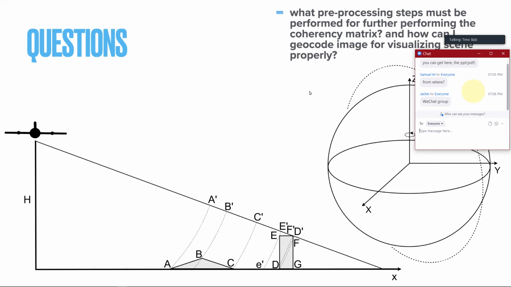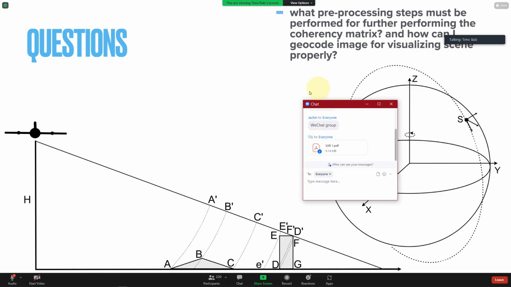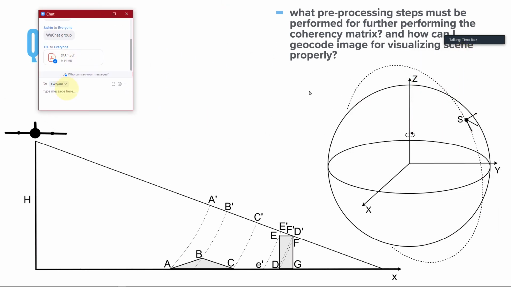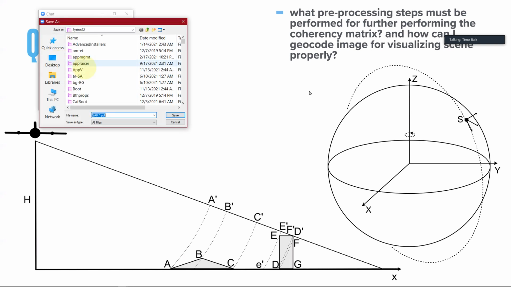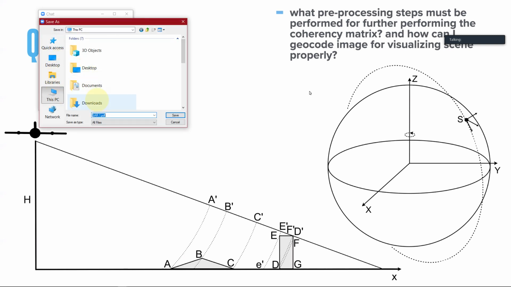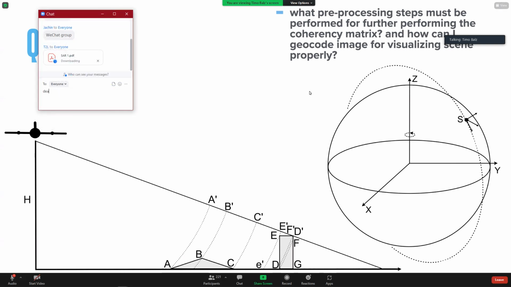But geocoding is an interesting point, because I have not really mentioned that yet. It's not as easy in that sense.